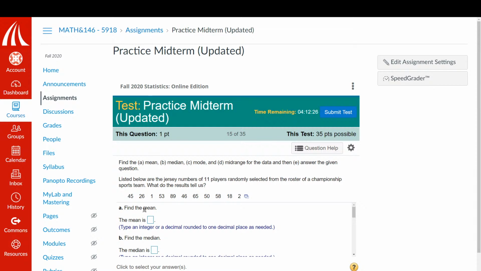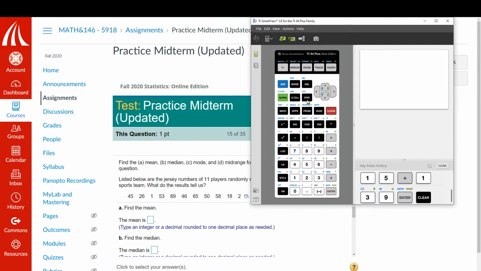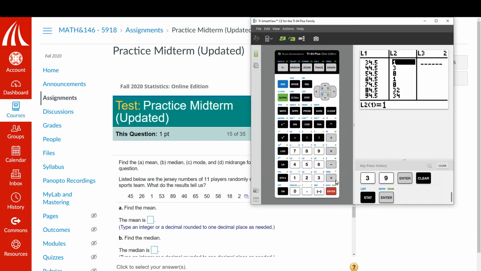So what we'll do first is I'm going to show you how you can find the mean and the median using the calculator. We're going to put everything into a list. So you just go into Stat and then Edit. Okay, my lists aren't clear, so I'm going to clear out my list real quick. Let me clear out list 2 as well. All right, so I'm just going to put a bunch of the numbers into a list.